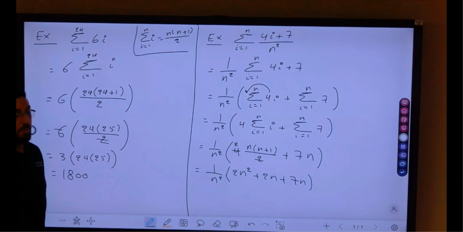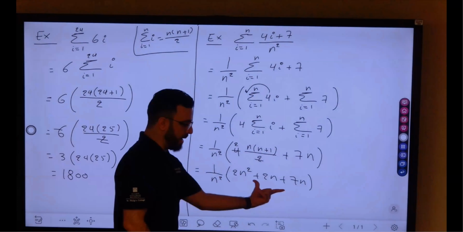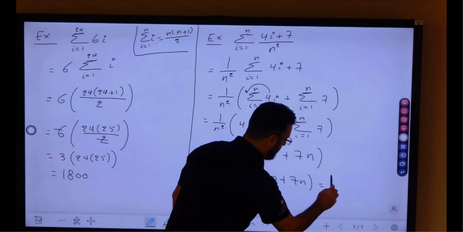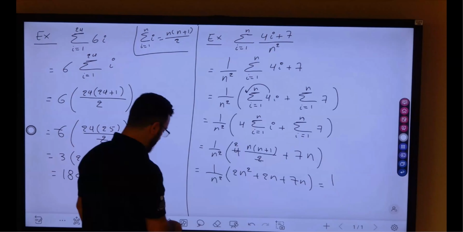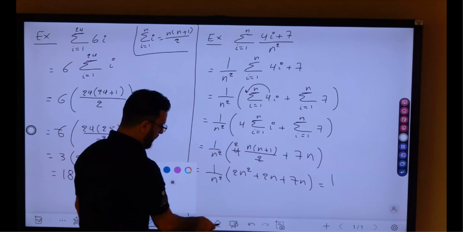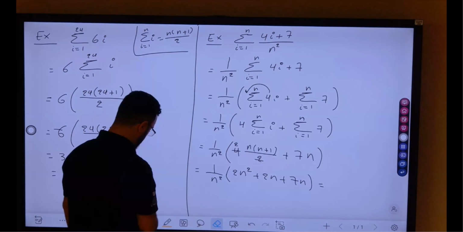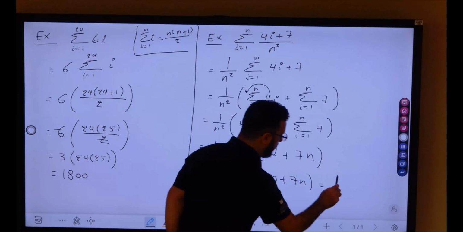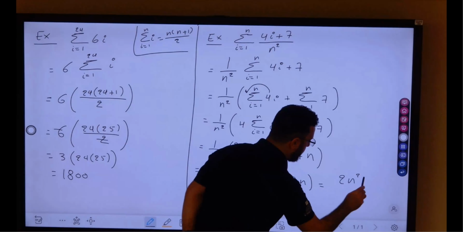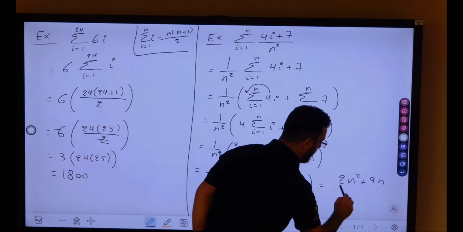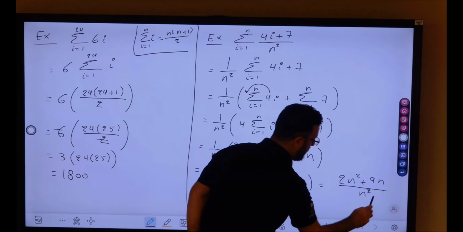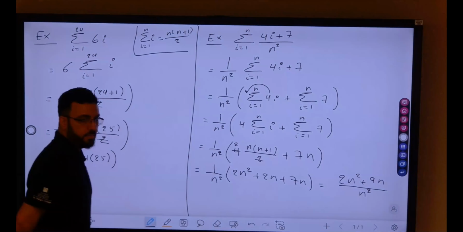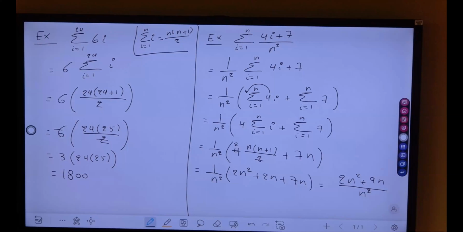Fine. Combine like terms. Can I combine like terms here? So it's going to be 1 over n squared times 2n squared plus 9n, which is divided by n squared. Yes or no?